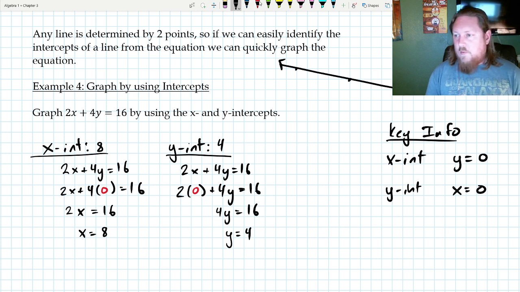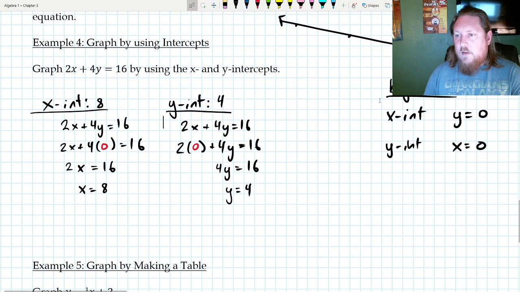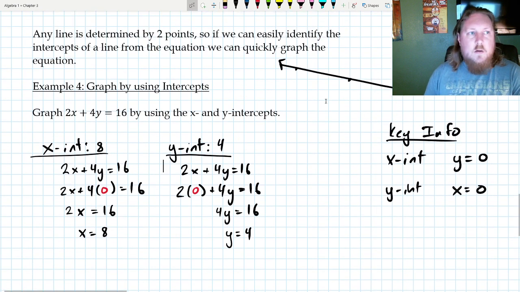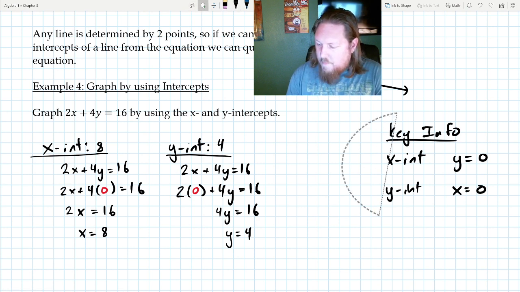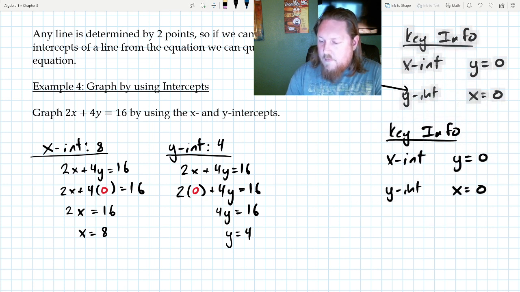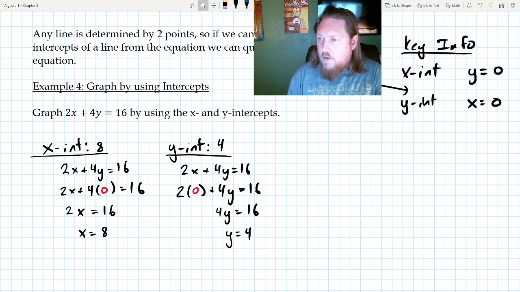Now with those two pieces of information, all I need is to move my picture here a little bit, move this up out of the way here, so then we can make ourselves a graph.